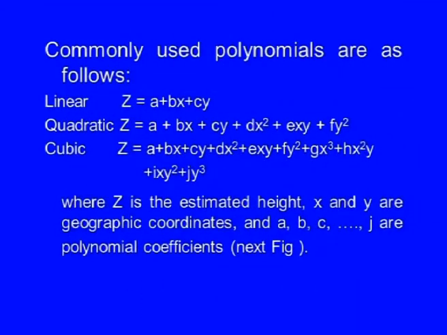Some of the commonly used polynomials are linear, where z is equal to a plus b x plus c y, or quadratic, where z is equal to a plus b x plus c y plus d x squared plus e x y plus f y squared, or cubic, where z is expressed as a plus b x plus c y plus d x squared plus e x y plus f y squared plus g x cubed plus h x squared y plus i x y squared plus j y cubed, where z is the estimated height, x and y are the geographic coordinates, and a, b, c, d, e, f to j are the polynomial coefficients.